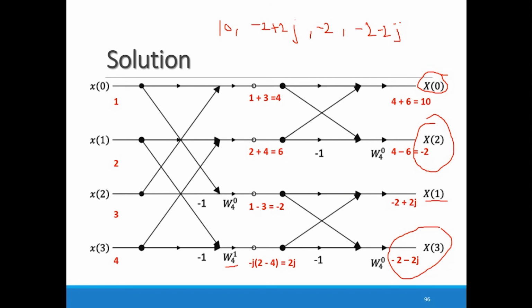It is not just that we change the input and we get the output. First, we are doing the decimation in time. Here we are doing the decimation in frequency. The design of the algorithm itself is different. That's why we are getting this. It is not that we are just reversing the input and getting the same output. Okay.